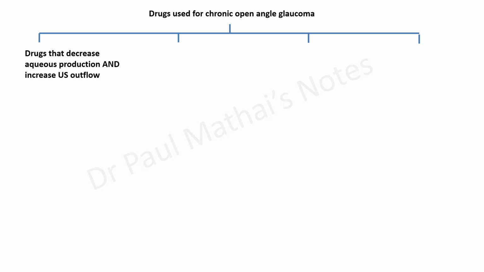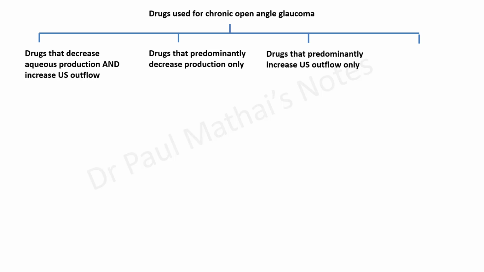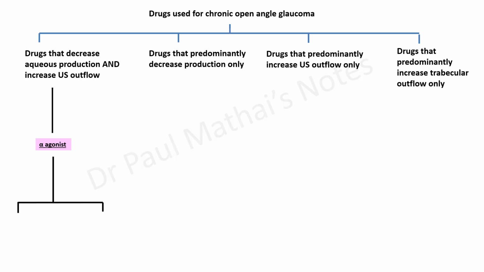There is one important class of drug under this group, and they are the alpha agonists. The alpha agonists may be classified into two, non-selective and alpha 2 selective. The non-selective ones would include, of course, epinephrine and dipivefrin, while the alpha 2 selective drugs include apraclonidine and brimonidine.